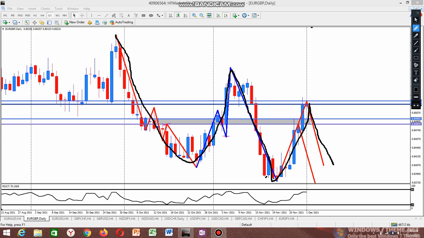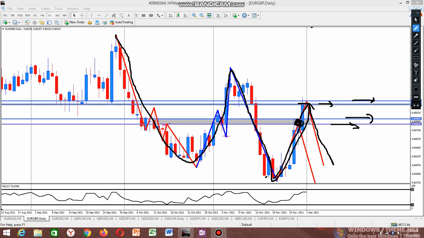Initially we wanted it to stop here at this zone, this level, but it went across it. That's this Euro GBP. It went across it. That's today. Yesterday being Tuesday, the market blasted and got up to this high. So we are currently somewhere around here.